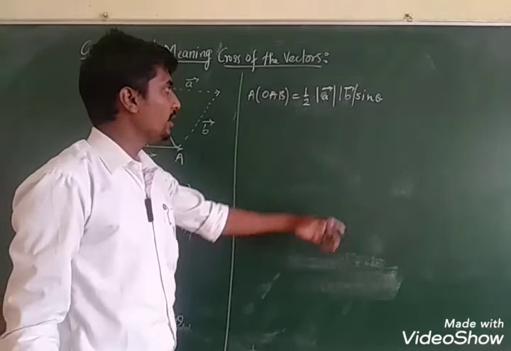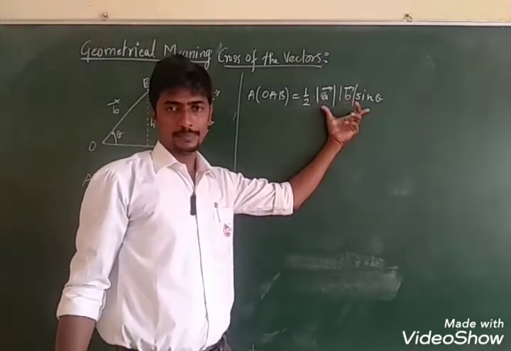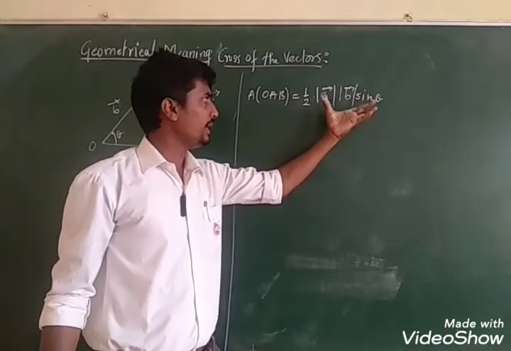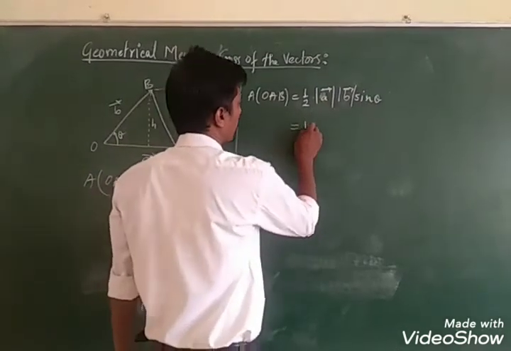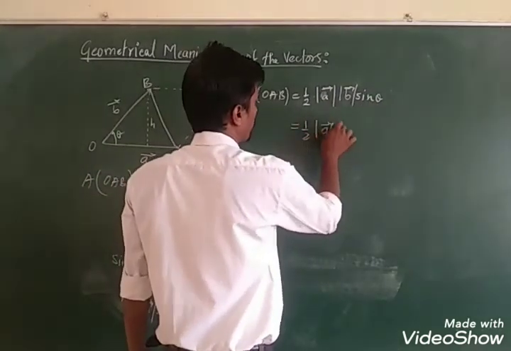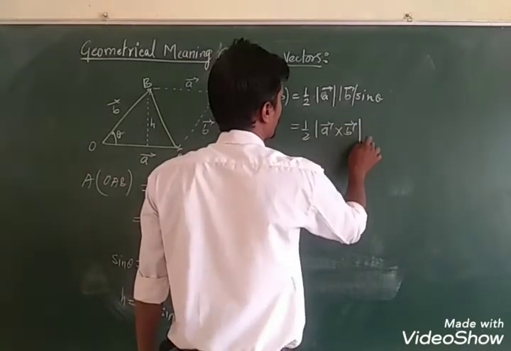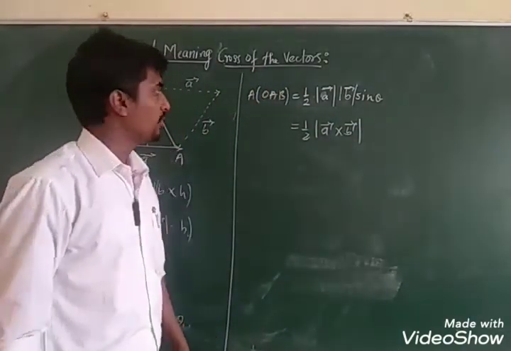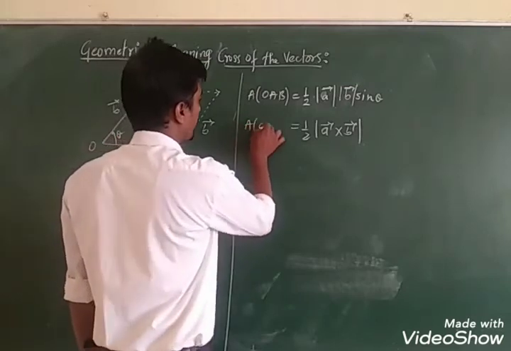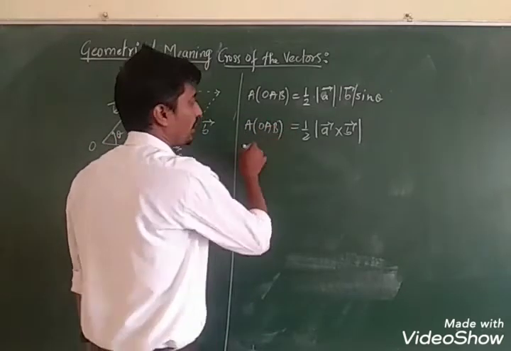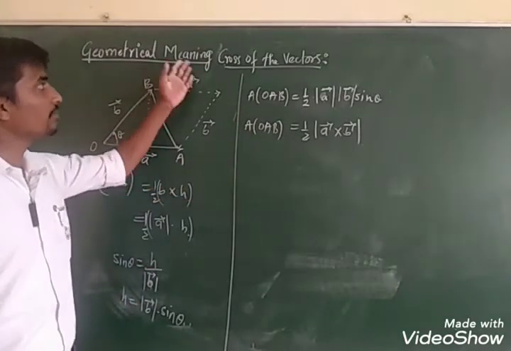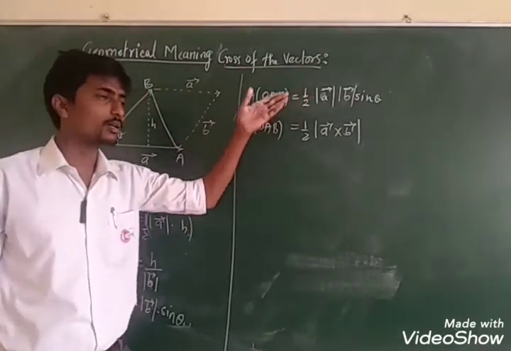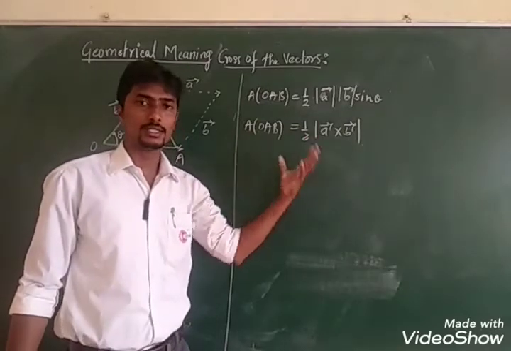Look, this is purely in magnitude format, so I can write this as one half the magnitude of A cross B. So the area of triangle OAB can be given in this format. The geometrical meaning of the cross product is that it provides the area of the triangle.